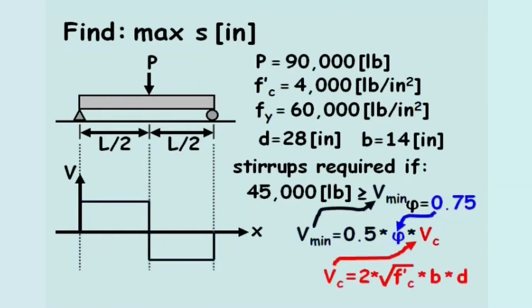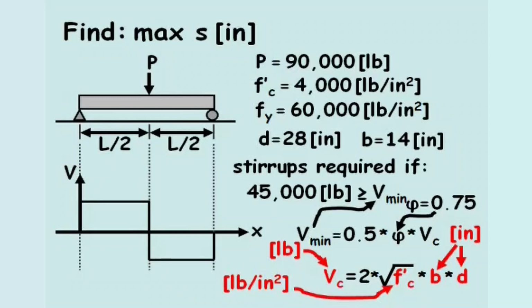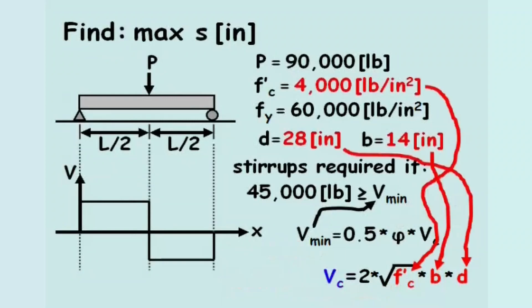Vc equals 2 times the square root of f prime c times b times d. For this equation, the units for each variable are shown here. Once the values for each variable are plugged into the equation, the shear strength of an unreinforced concrete beam equals 49,584 pounds.